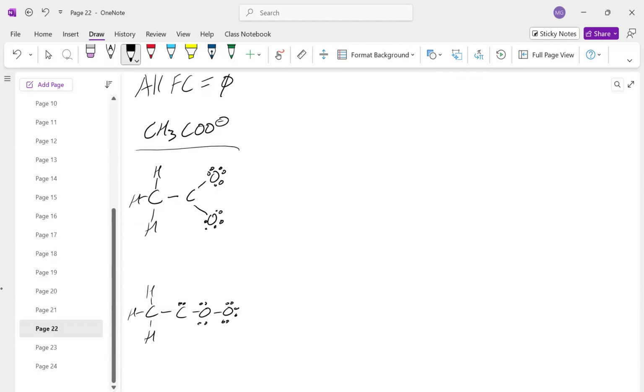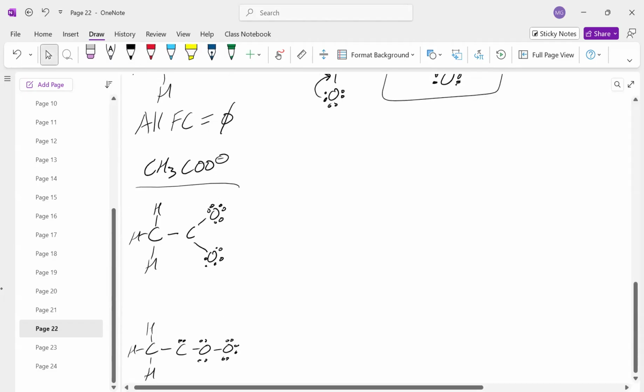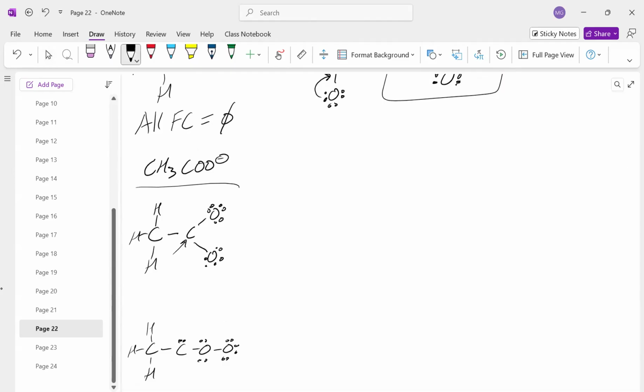So if we look at the first one, notice this carbon here is not happy. It doesn't have a full octet around it. So I can fix that by taking a lone pair from one of the outer atoms and making a double bond. So I'm going to take a lone pair, make it a double bond. Now, why did I pick that one? I don't know. Seems kind of arbitrary, which it was. I could have picked a lone pair from this oxygen and moved it down there. So one or the other.